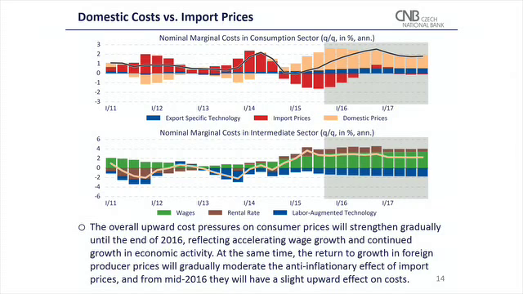But those pressures on the domestic economy have so far been almost fully offset by the anti-inflationary effects of import prices. So imported disinflation has been very strong so far.